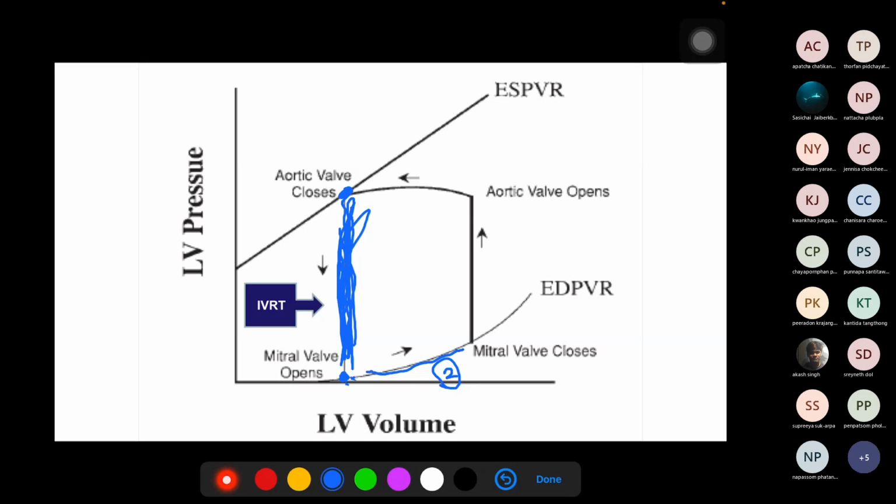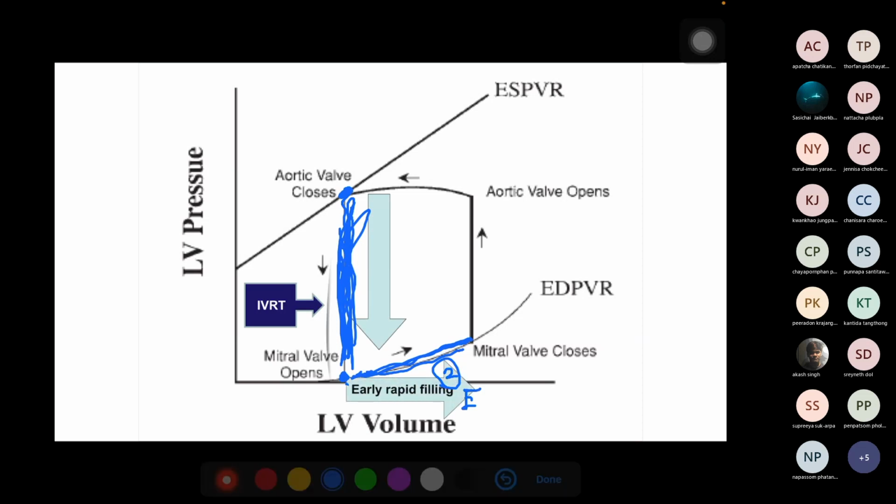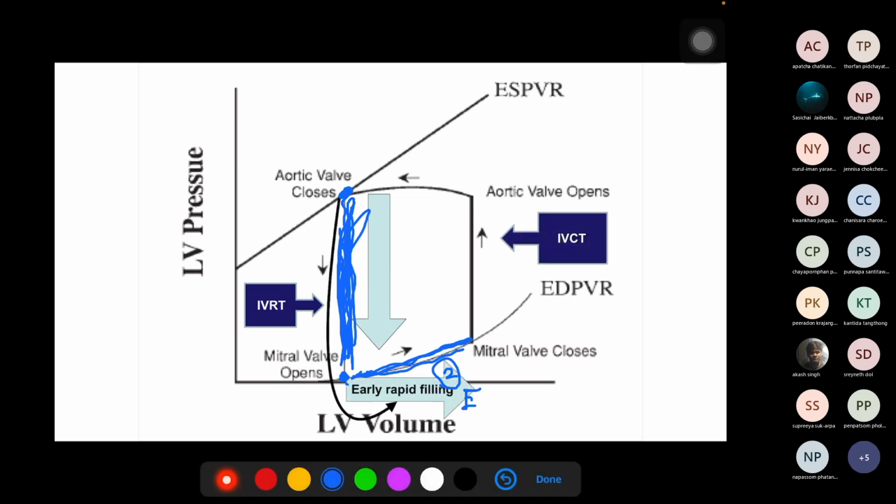You see the volume changes because the volume is filled from the LA to the LV. Early rapid filling is the second phase. In this phase the mitral valve closes.